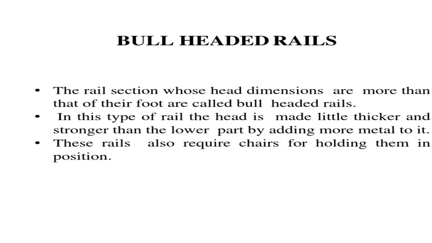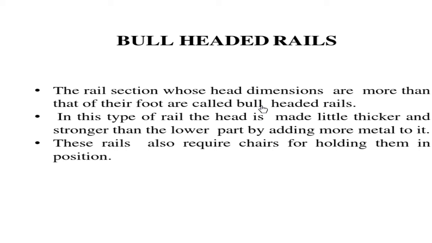Then comes the bull-headed rail. Here the rail section whose head dimension is more than that of the foot is known as bull-headed. So in the beginning, the first type of rail had both head and foot of the same dimension. Now the second type has head dimension more than the foot, and this is known as bull-headed rail.